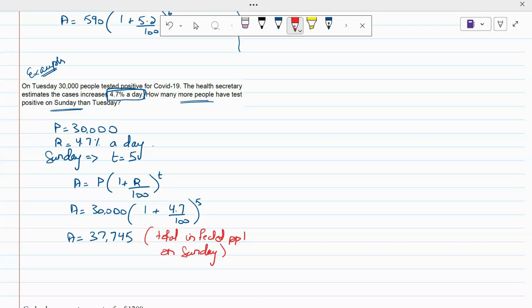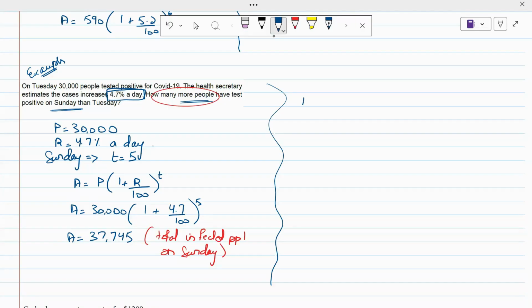And the question says how many more? How many more means this is a case of subtraction. We have to find the difference between the people infected on Tuesday and the people infected on Sunday.